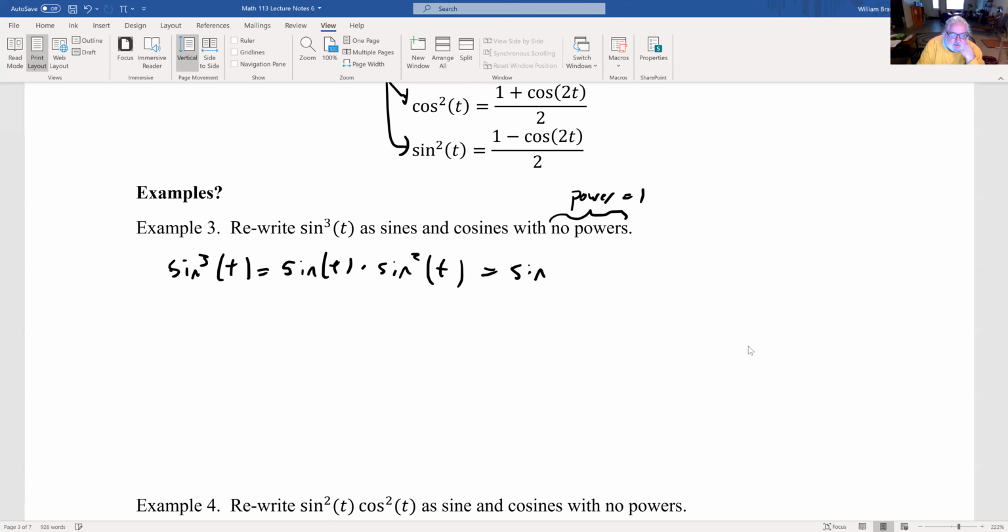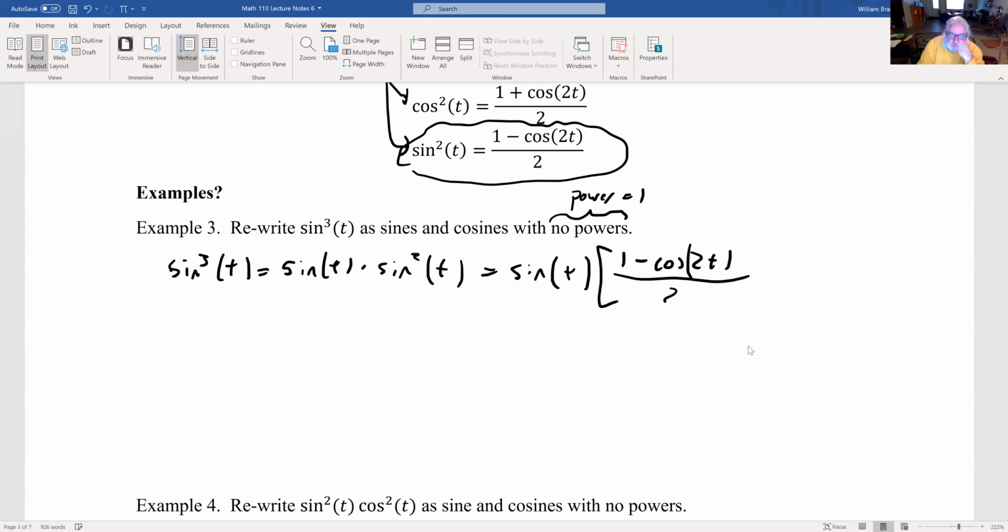But what we know about sine squared of t is that it can be written like this. So replace the sine squared of t by 1 minus cosine 2t over 2.